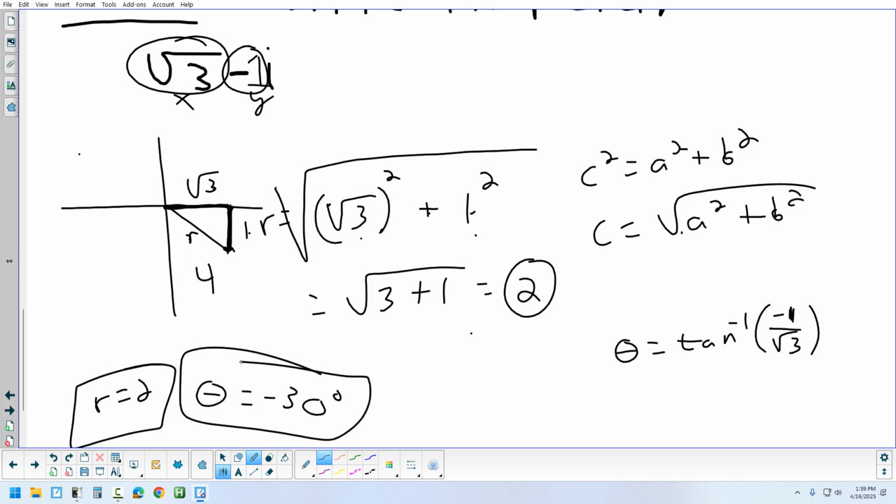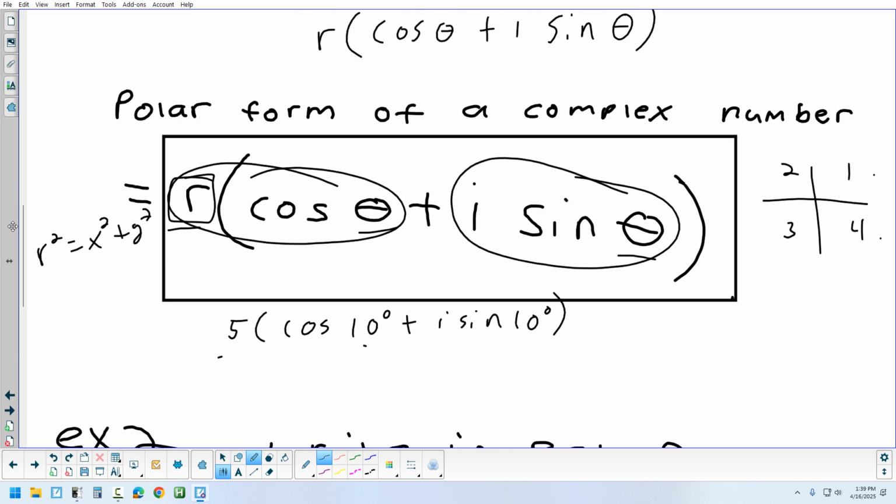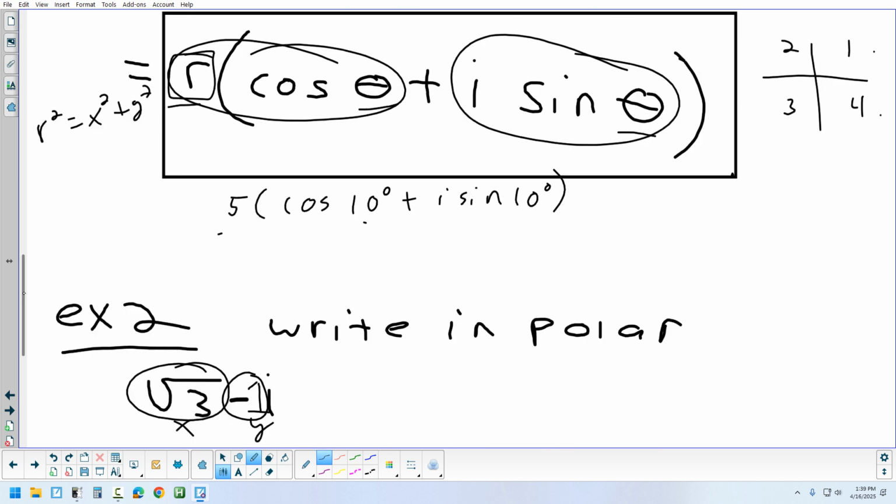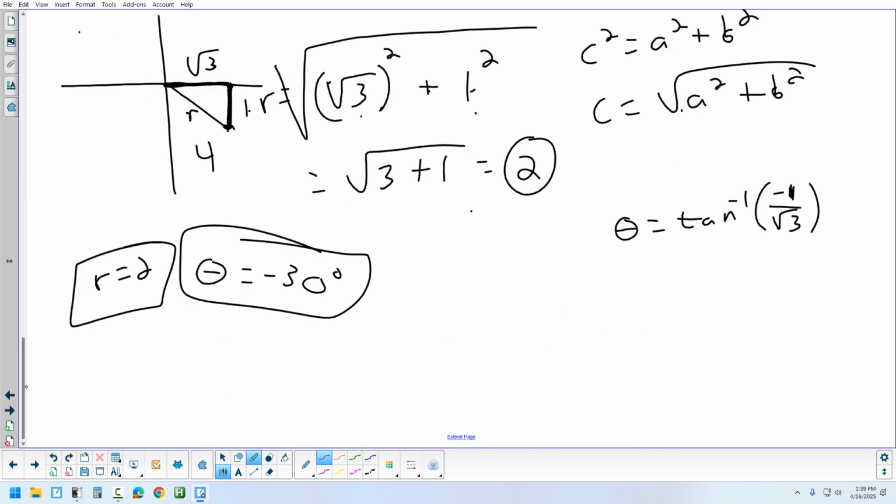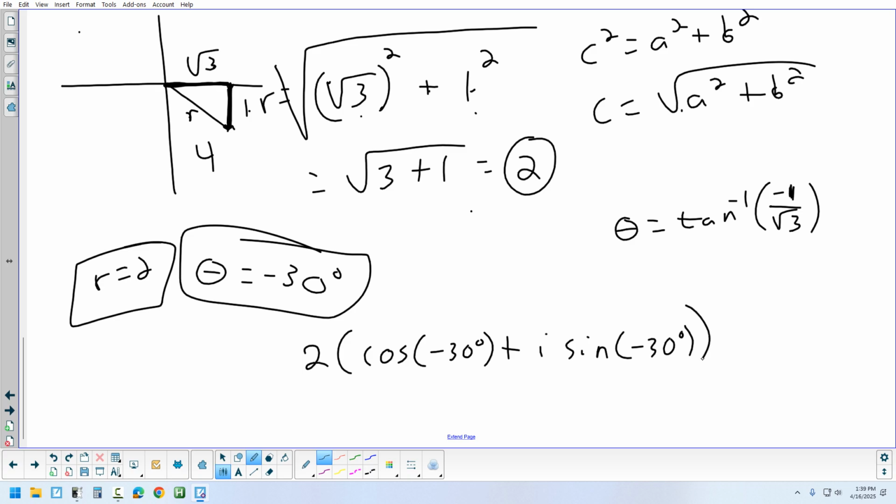Now, I plug those two things in and stop, and that's my final answer. So it's going to be r times cosine theta plus i sine theta. For our problem, 2 times cosine of negative 30 degrees, plus i sine of negative 30 degrees, and that is the final answer.